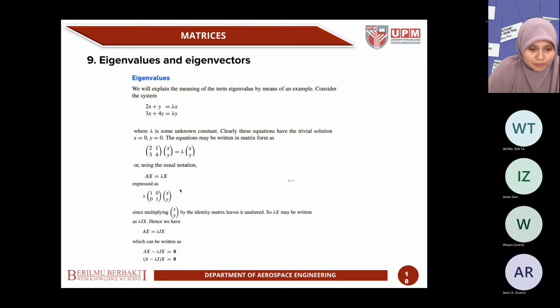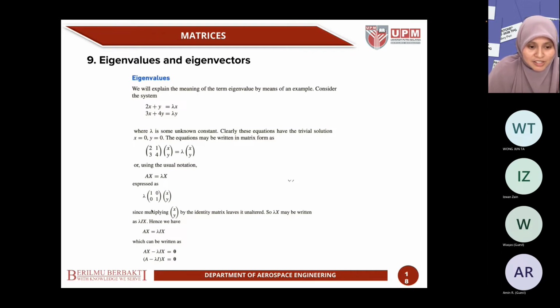Since lambda is not a matrix, it is just a scalar number, we cannot write directly like this, lambda x. So we need to change the form of lambda into a matrix form, so that we can simply add, subtract, multiply, etc. Remember the identity matrix.